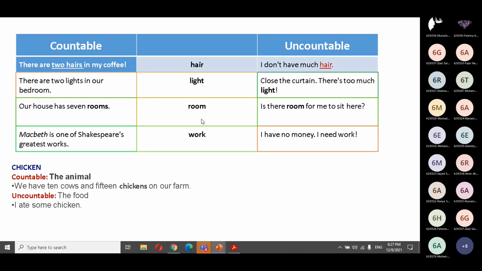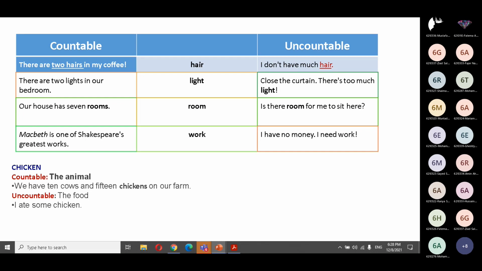So you can count the rooms. But if you say, is there room for me to sit here? Is there room for me means is there space for me? Okay, واحد جاي يقعد في الوسط كده واحنا قاعدين. قلنا له sorry, there is no room for you. ما في سعة لك.